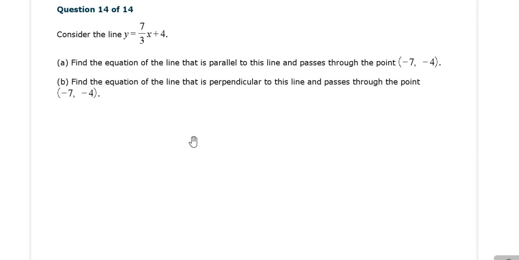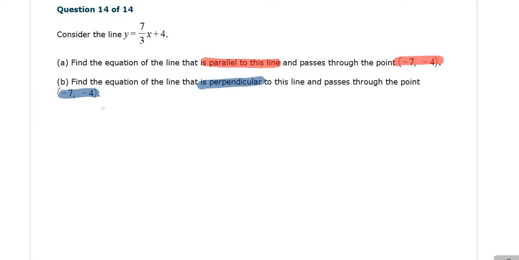Taking a look at 14. It says, consider y equals 7/3 x plus 4. Find the equation of a line that is parallel to this line and passes through this point. Find the equation of a line that's perpendicular to this line and passes through the same point.